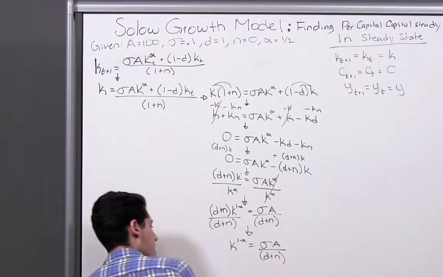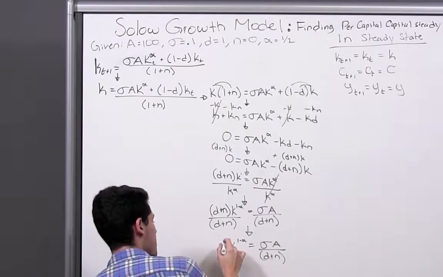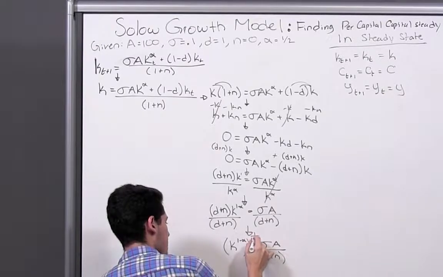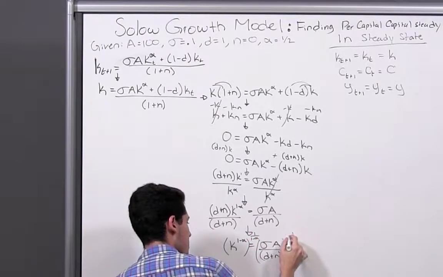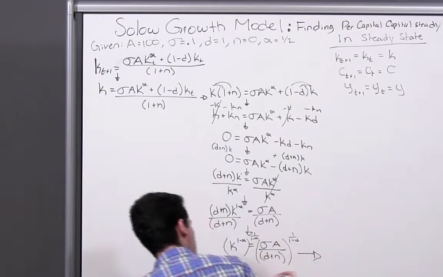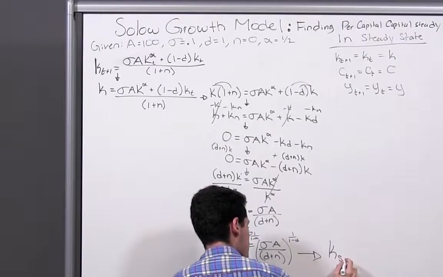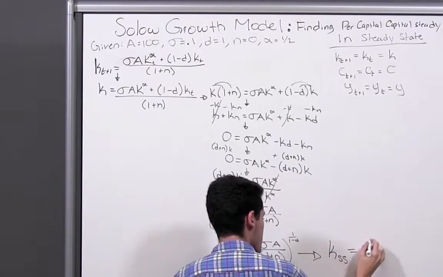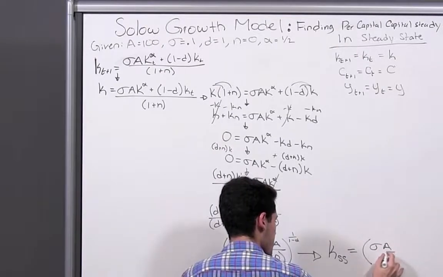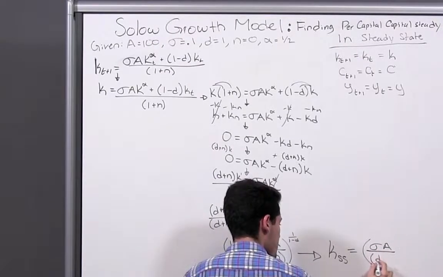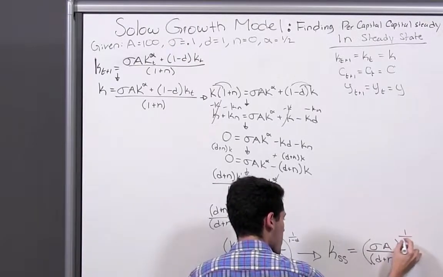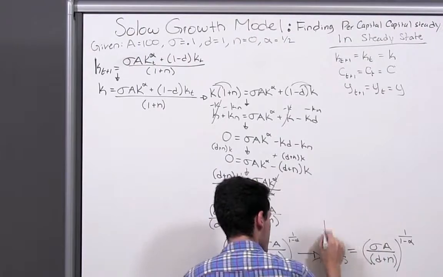And last step, we're going to try to get rid of this exponent by putting it to the power of its inverse, so 1 over 1 minus alpha, and we're going to do the same thing on the other side. And so that tells us that capital in the steady state is equal to our savings rate times our technology over depreciation plus population growth rate, all of that to the 1 over 1 minus alpha.